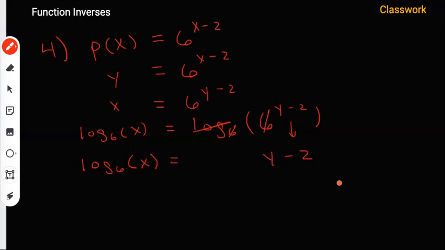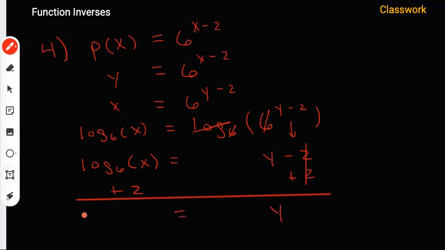How do I get rid of a minus 2? I add 2 to both sides. Okay. So the 2's are going to cancel out on the right side. I'm just left with a Y. But then on the other side, I have log base 6 of X plus 2.